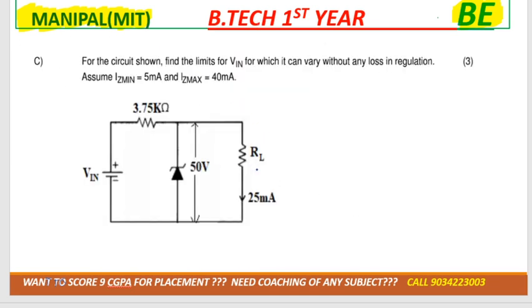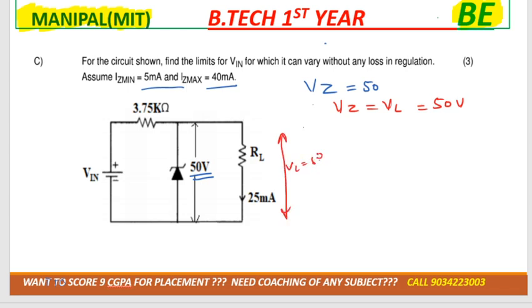See, in this case VZ is 50 volt, right? So it is a minimum and maximum case, so we have to use second condition. VZ is equal to VL is equal to 50 volt, right? So if we know the value of VL is 50, if we know the current, can we get RL? According to Ohm's law, VL is equal to IL into RL.